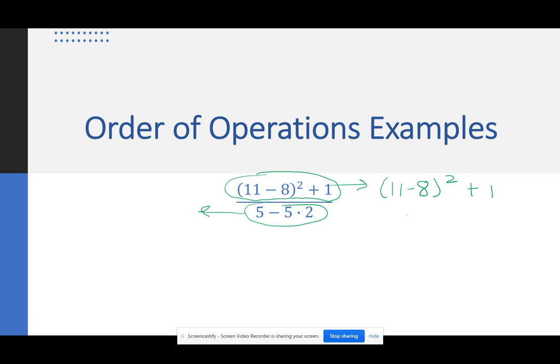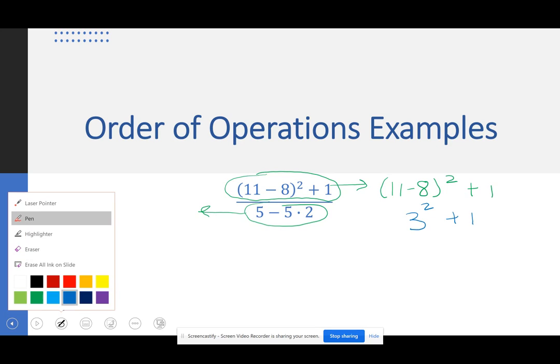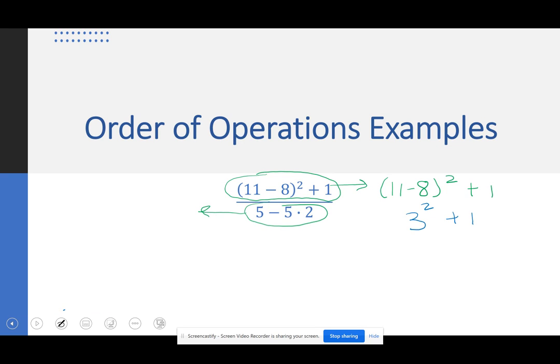So 11 minus 8 is 3, squared, plus 1. Then you're going to do the exponent. So 3 squared is 3 times 3, gives us 9 plus 1. And then 9 plus 1 is 10. So this whole thing equals 10.